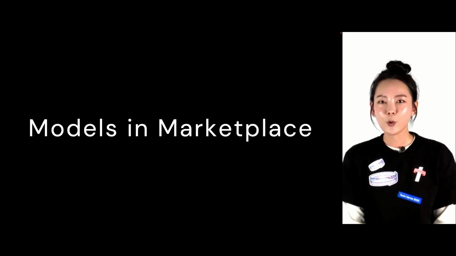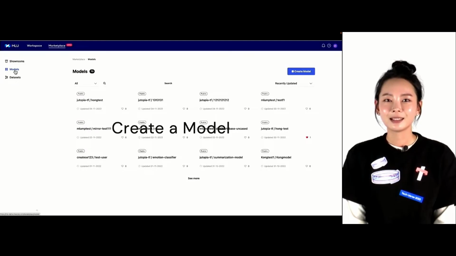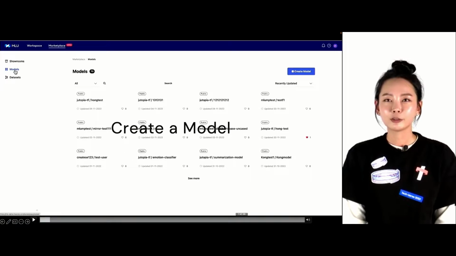So let's see, MLU Marketplace shares and manages the models. First, click the Create button and write down the model name and check if you're going to make it public, and then create the model.